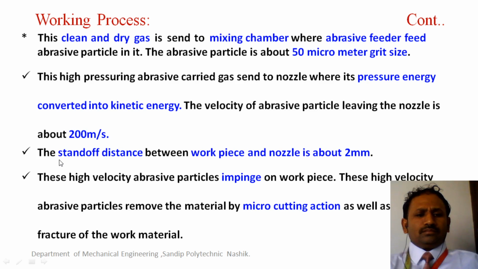Then, as we have observed in welding processes, the workpiece and the gun must have some gap, otherwise the material gets directly stuck to the gun. So for that purpose standoff distance is required, meaning the gap between workpiece and nozzle, that is maximum 2 mm.